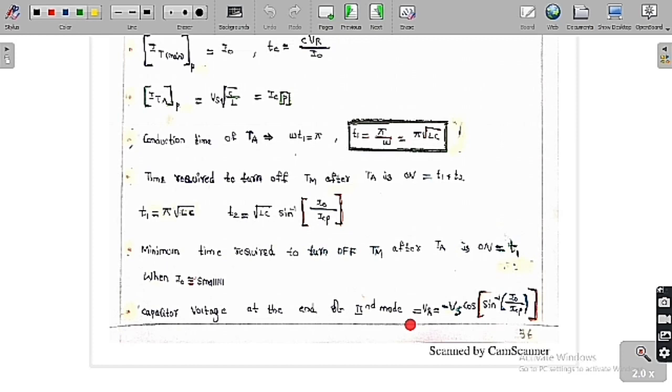So cos of pi plus omega t2 is nothing but minus cos omega t2, so minus Vs into cos omega t2, whereas omega t2 is sin inverse of I naught by ICP. So this is the value of the capacitor voltage at the end of mode 2.